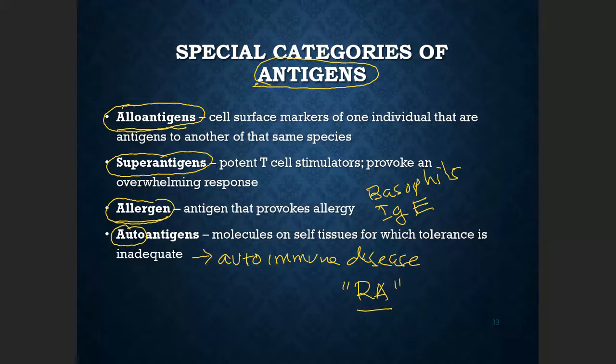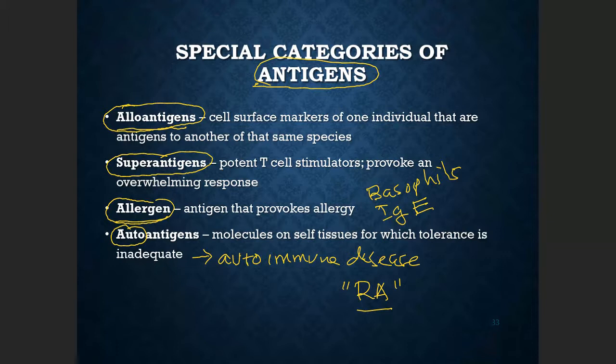This is a type of autoimmune disease where our antibodies attack our own cells, especially in the joint area. Why? Because our own cells produce markers that our own antibody recognizes as a foreigner, even though it's actually our own cell.